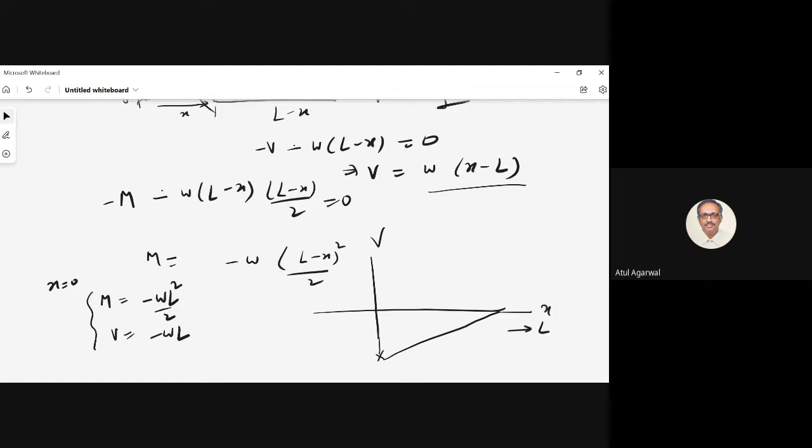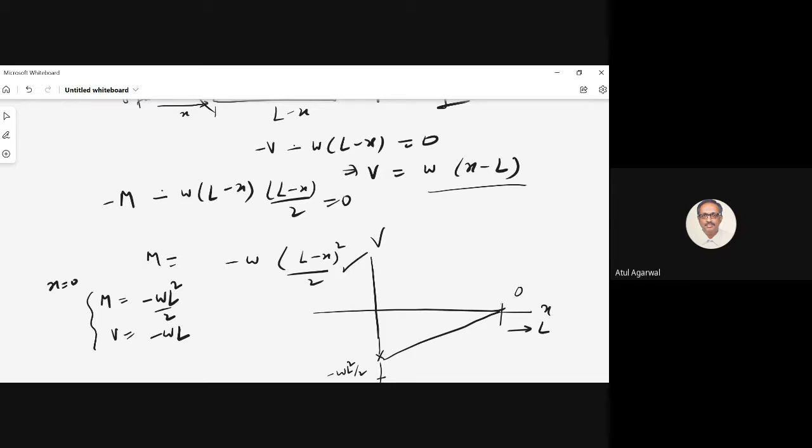And what is the bending moment diagram? This is the expression. So you are having somewhere minus WL square by 2. At x equal to L, you are having 0. Now, how will this curve look like? You have to plot this curve.